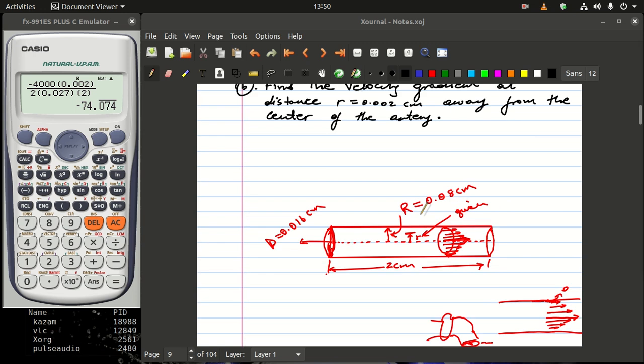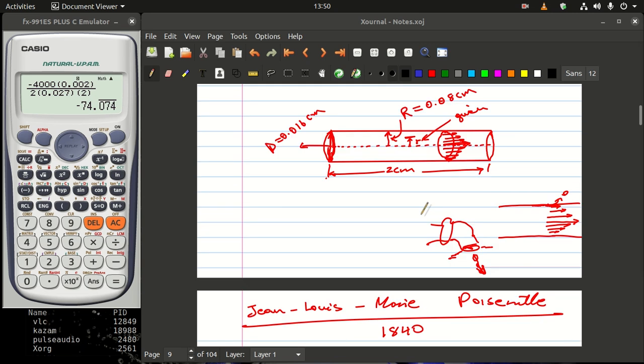If you look into this problem here, you cut an artery. I'm making this so big because if you are cutting your artery, you're not going to even see this.